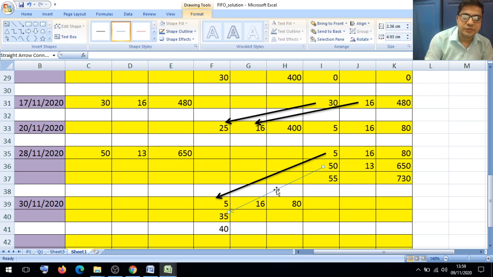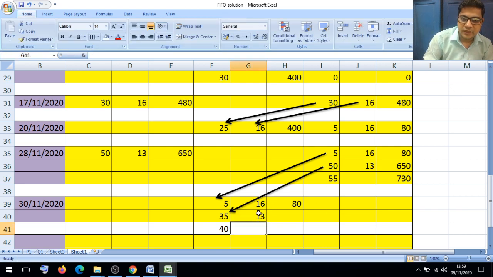From this 50 units we can bring 35 units. Okay, fine. And their rate is 13. Their rate is 13. So we have to write here 35 into 13 is equal to 455.